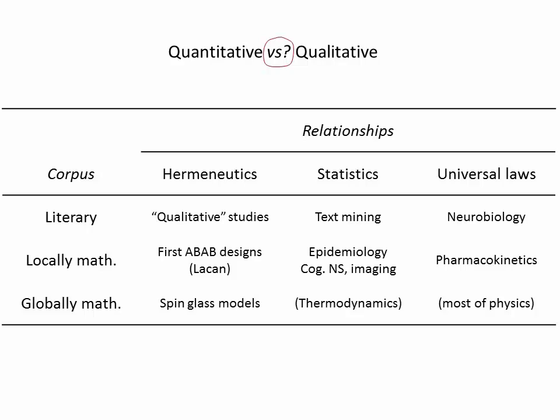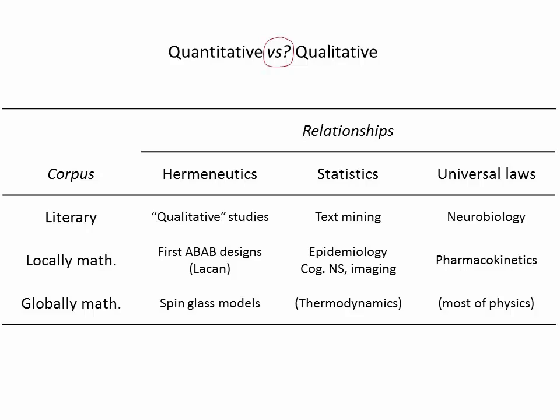And this is different with epidemiology. When I say there is a correlation between height and weight, I don't say a universal law. I say this is a correlation, this is only true statistically. And you can also do statistics with literary corpus. This is text mining. And you can propose universal law with a literary corpus. This is neurobiology. You use words and you say universal laws.